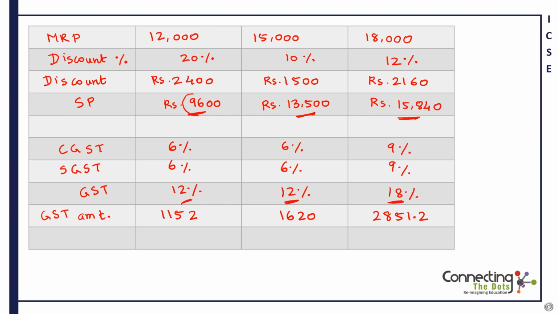If we add these three numbers, this one, this one, and this one, you get the total selling price. And if we add these three numbers, we get the total tax. So by adding all six numbers here, we will get the total bill amount.